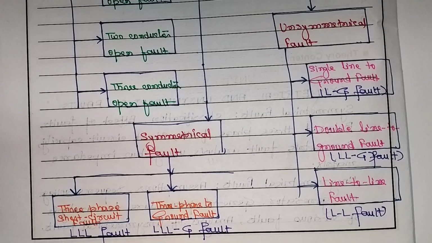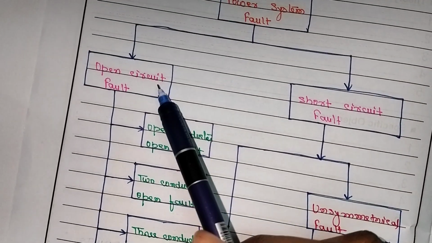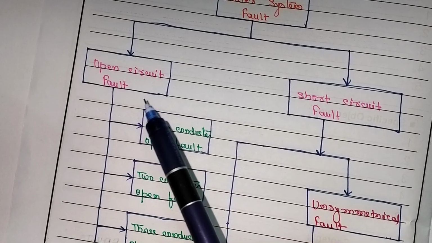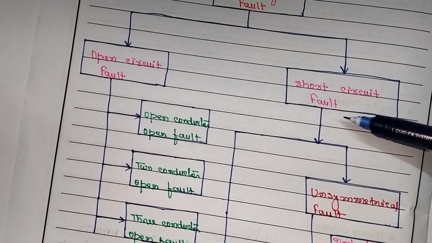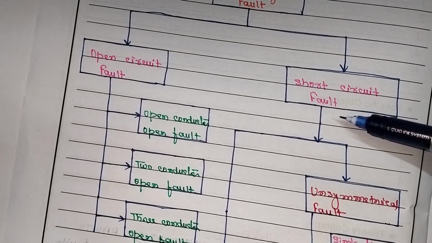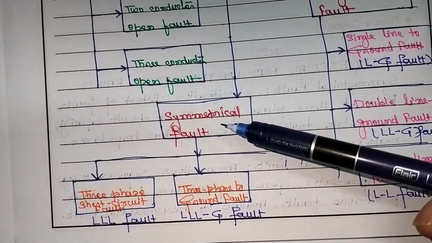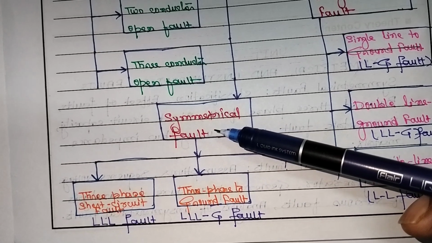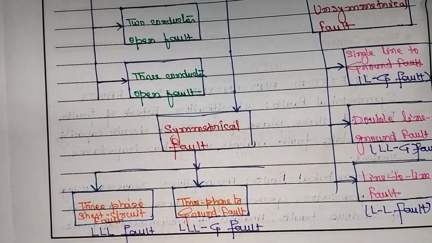So what are the points we have to remember? The open circuit fault mostly affects the system voltage and continuity. The short circuit fault produces very high current and causes equipment damage.